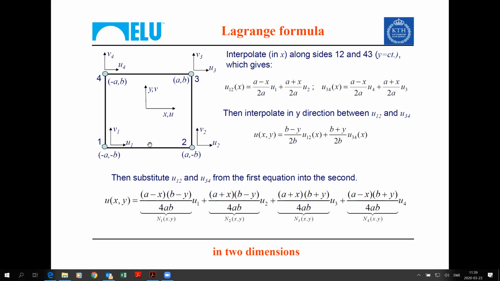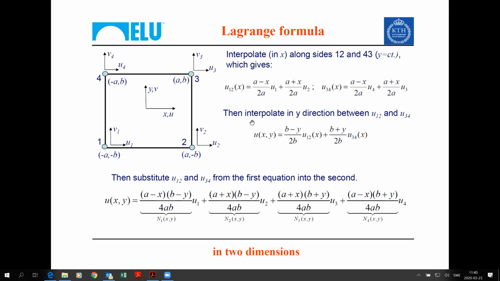We can look at the interpolation of u along sides 1, 2, and along sides 4, 3. u12 is (a minus x) over 2a times u1 plus (a plus x) over 2a times u2.